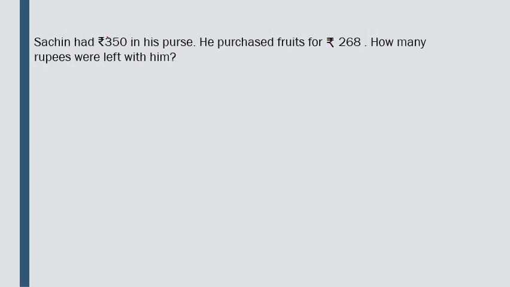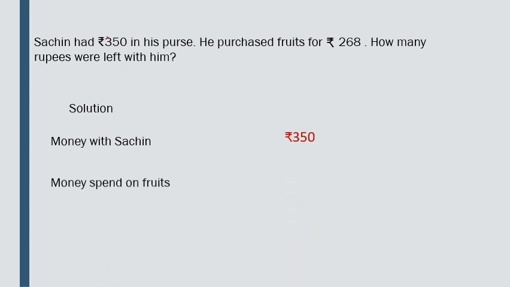Now look at this example. Sachin had rupees 350 in his purse. He purchased fruits for rupees 268. How many rupees were left with him? The word left indicates that we have to subtract. So let's try to solve. Money with Sachin is equal to 350 rupees.